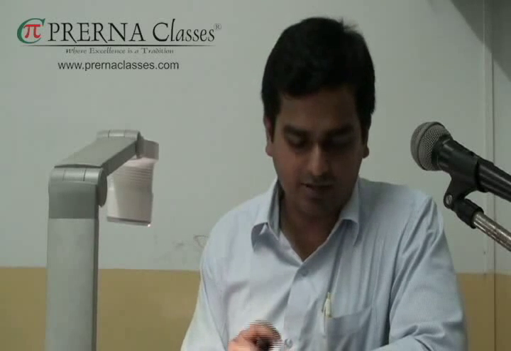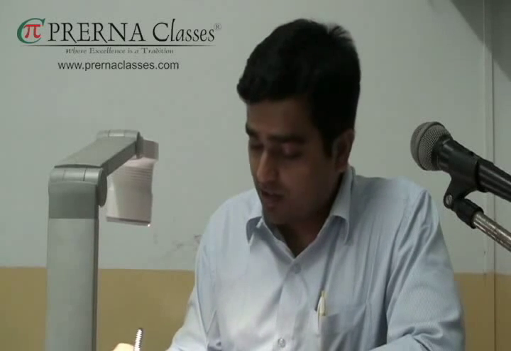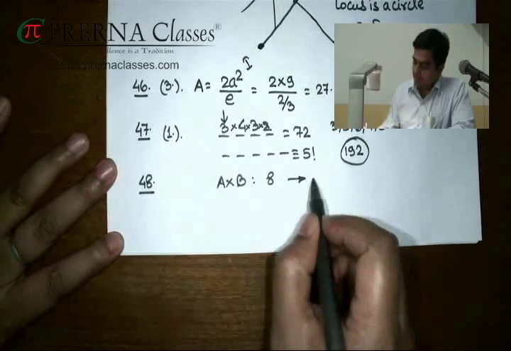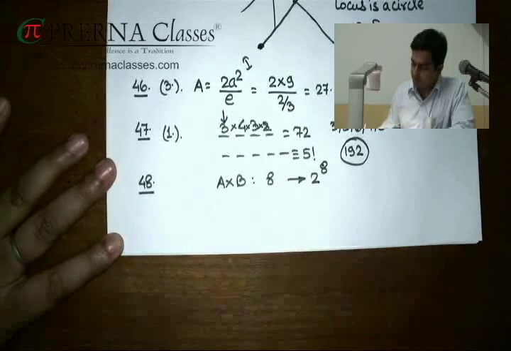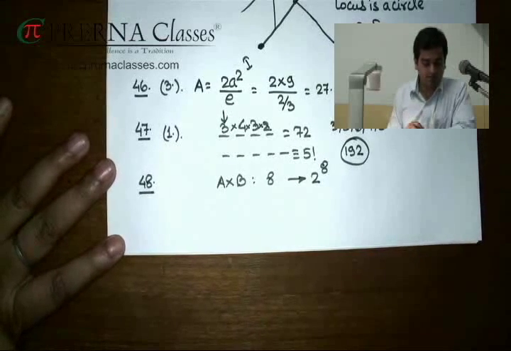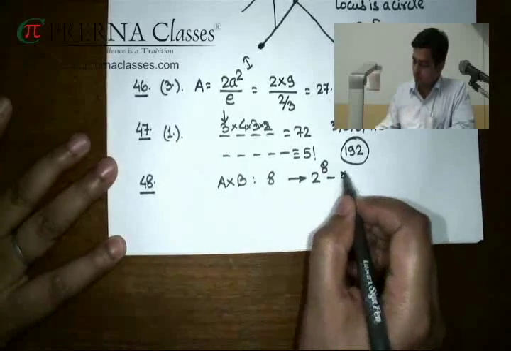In the next problem, based on sets, we have 2 sets comprising 4 and 2 different elements. Obviously then in case of A cross B, we are going to have overall 8 elements. And the total number of subsets is clearly going to be 2 to the power 8. But the condition given here is that we should have at least 3 elements involved.